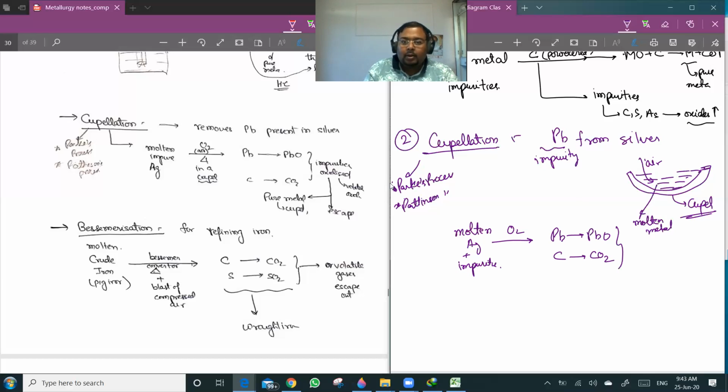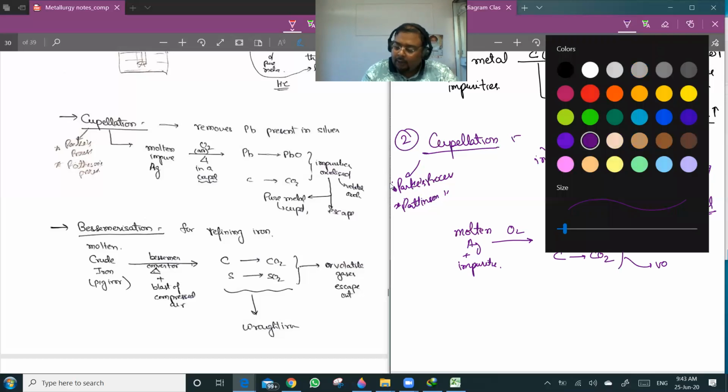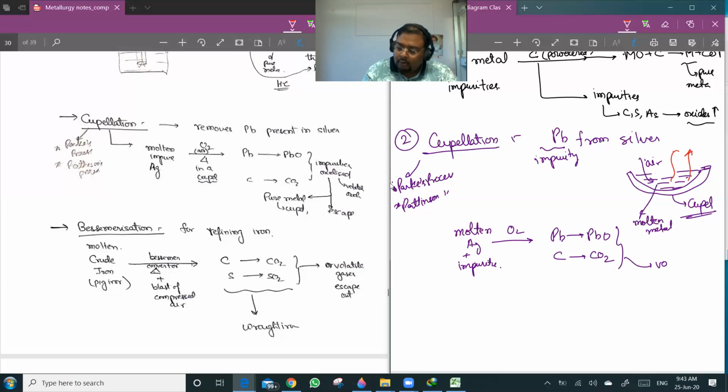Both impurities are oxidized, and these are volatile gases, so they escape. We are left with pure metal in the cupel. So this is the process of cupellation.